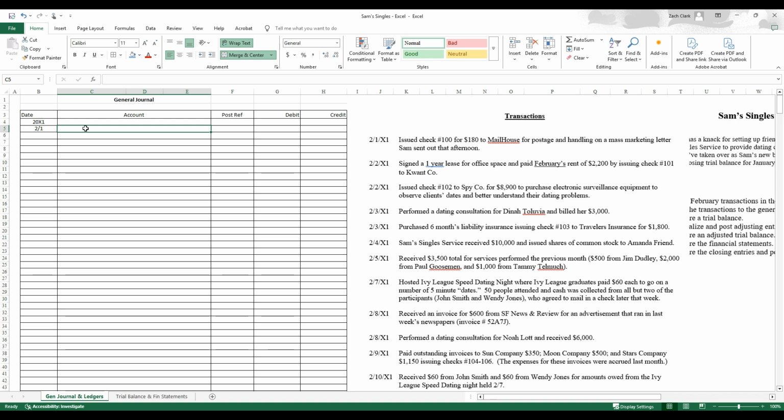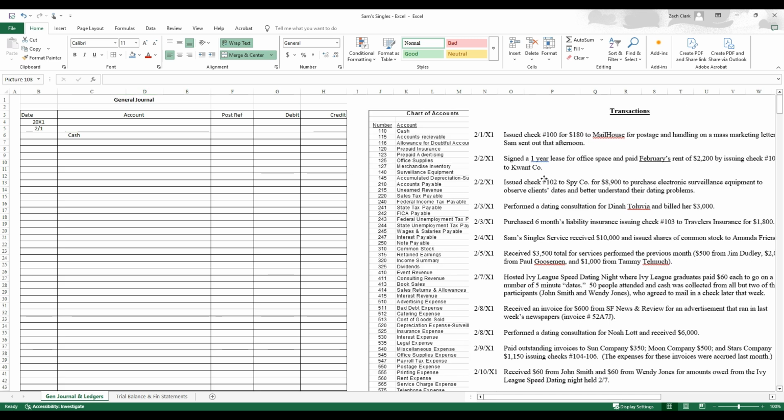Okay, so journal entry number 1, we issued a check for $180 for postage and handling on a mass marketing letter sent out that afternoon. So we know we've got cash, check same as cash. It's going to be our credit. So let's put that in. I'm going to indent a couple spaces there. And then some sort of expense.